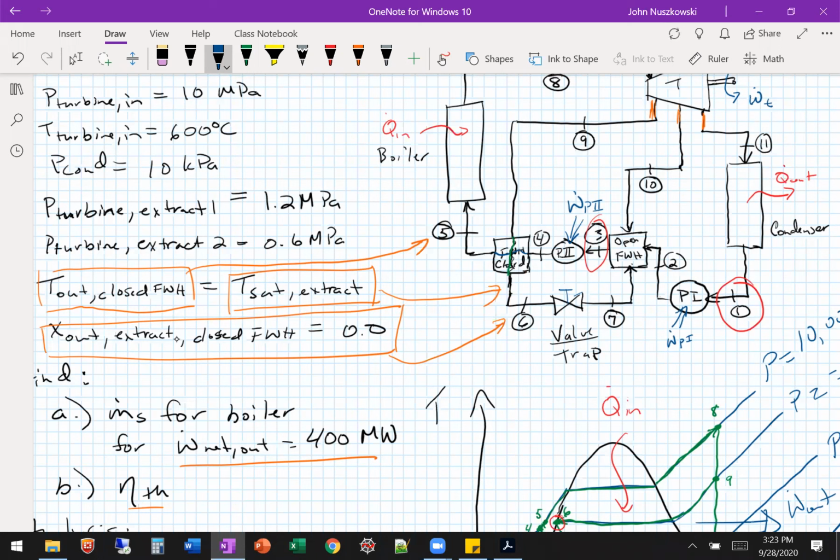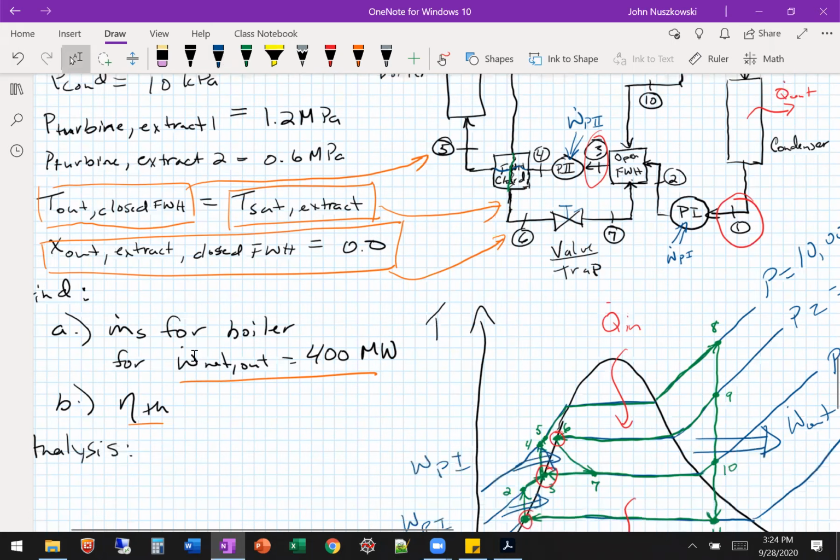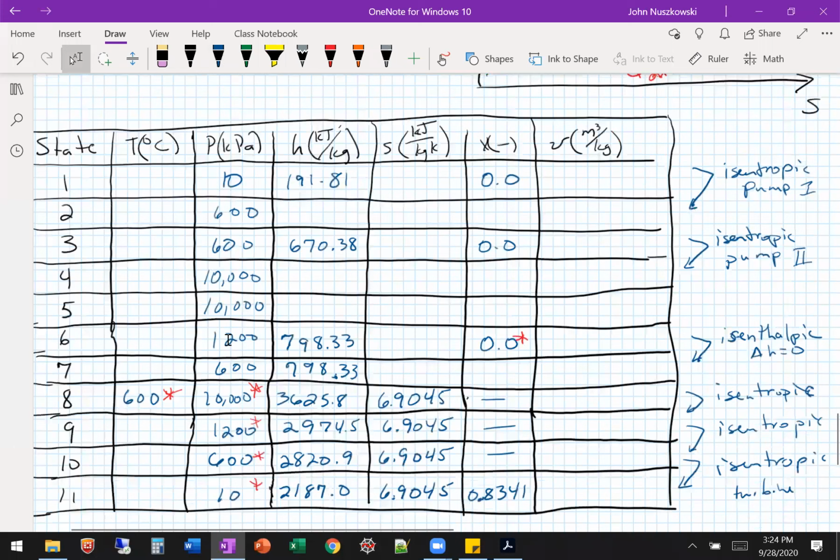So that's saying the Tsat, the saturation temperature at state 6 or 9, is equal to the temperature out at 5. And you can kind of see that here with the temperature being the same from 5 to 6 in how I drew it. So that means we need to get Tsat at 6.